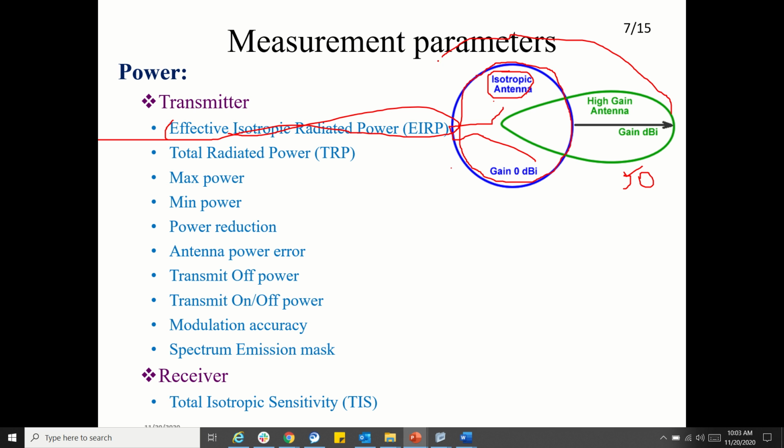Isotropic always radiates equally in all directions, but the maximum here is 10 dB.